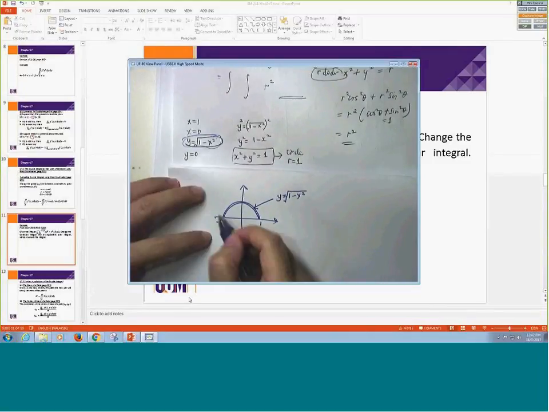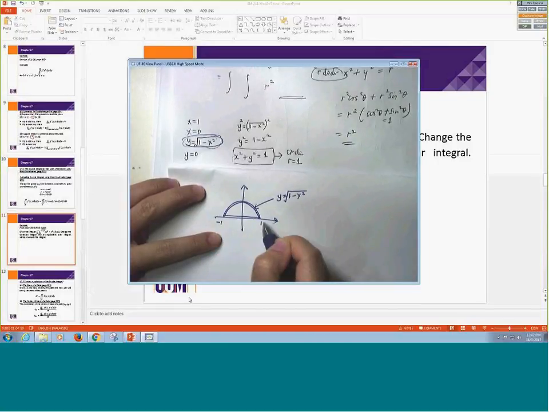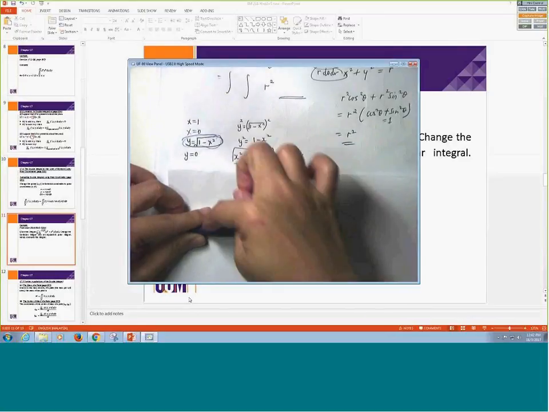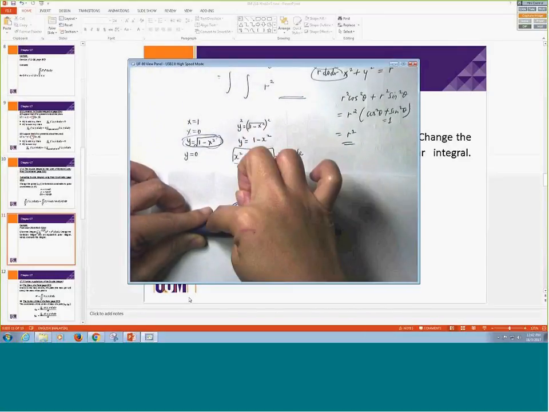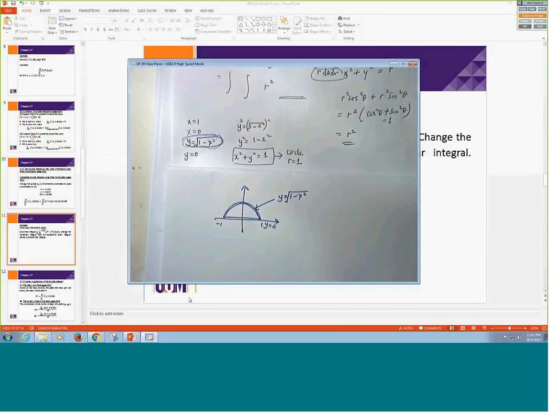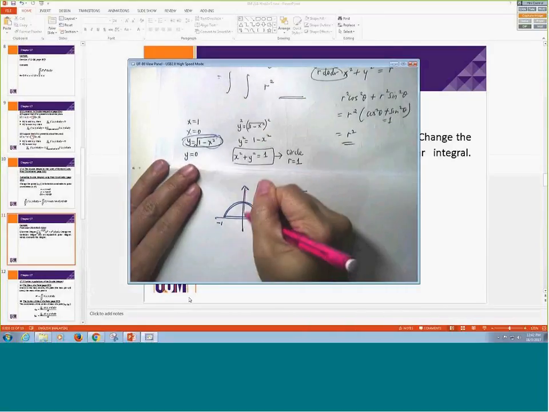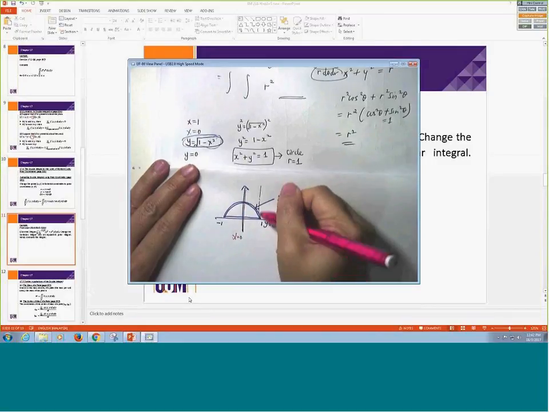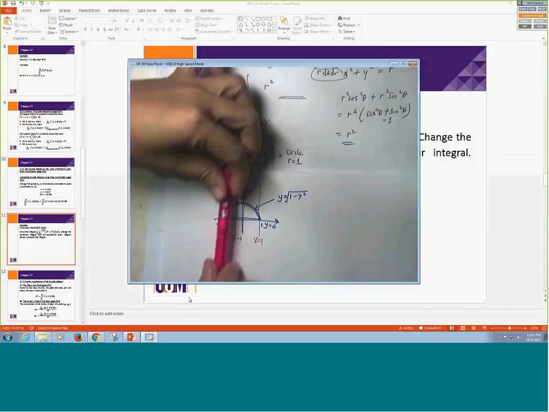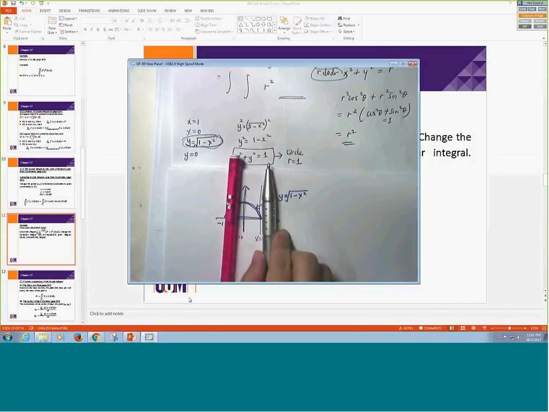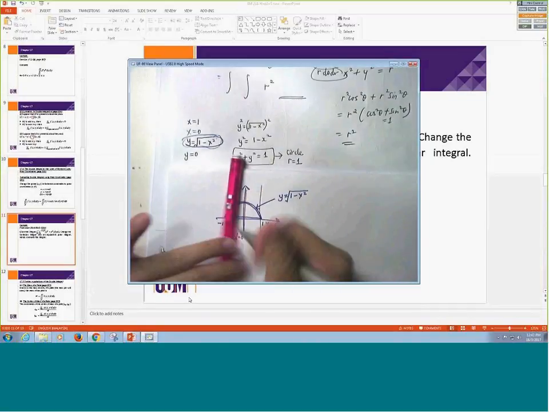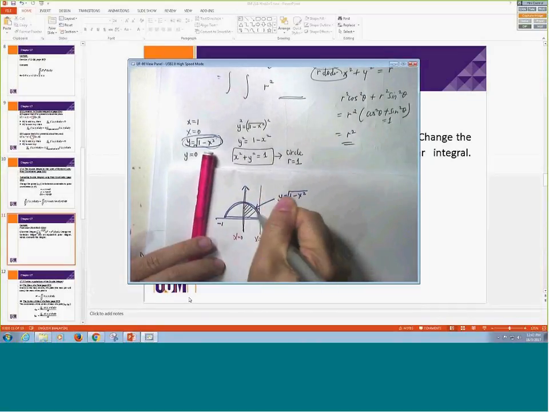And what is your x? x is from 0 to 1. So the region that is bounded by this line, this line, and the curve is actually a quarter of the circle. This is the region R.